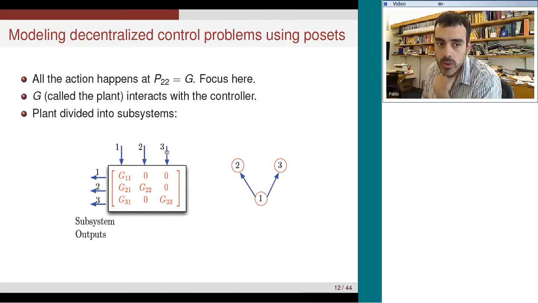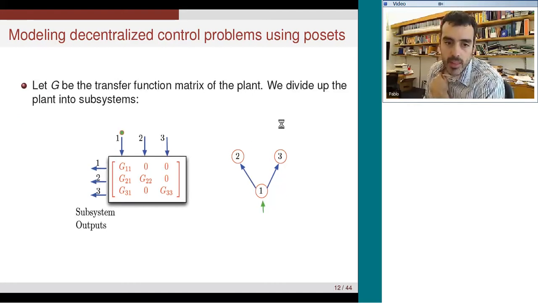In this case, the transfer function that describes the influence of the actions of my inputs in this subsystem can be associated with a matrix that has exactly the structure of the incidence algebra. Think about 1, 2, and 3 here as being inputs to my three subsystems. In here, what I have are the outputs. If I put an input, for instance, in subsystem 1, this is going to affect all three subsystems, right?